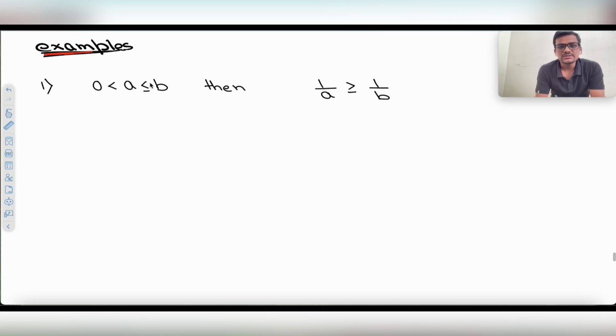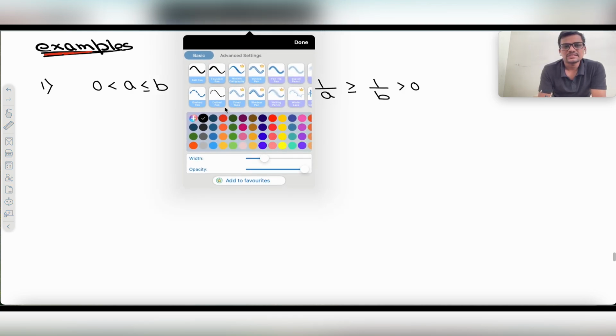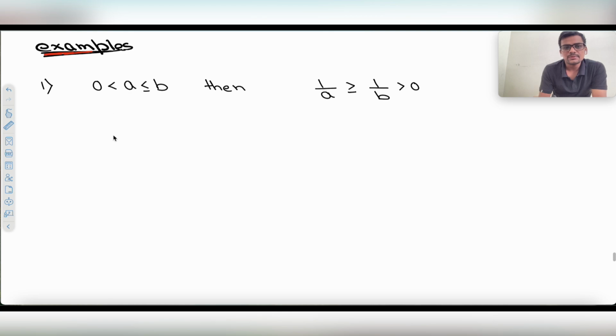And see, these two numbers A and B are positive. That's why this reciprocal will also be positive. So I am taking a particular example of this case. Suppose 2 is less than equal to 3. Then clearly 1 by 2 we can write as greater than equal to 1 by 3, right?